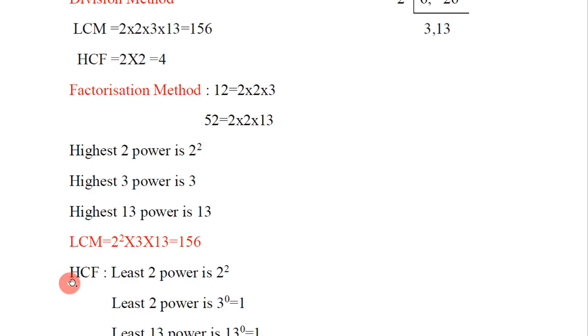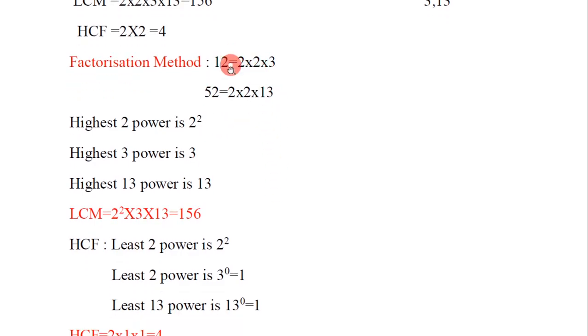Then to write the highest common factor, we have to find the product of the least powers of the prime numbers. Least power of 2 present in both the numbers: here 2 square, here 2 square, both are the same, so 2 square. Then least power of 3: 3 power 1 here, 3 power 0 there, the least is 3 power 0. Next, least power of 13: 13 power 0 here, 13 power 1, so it is 13 power 0.